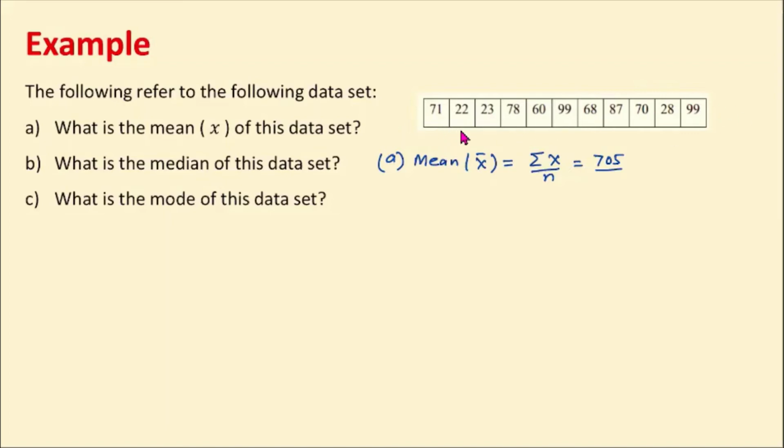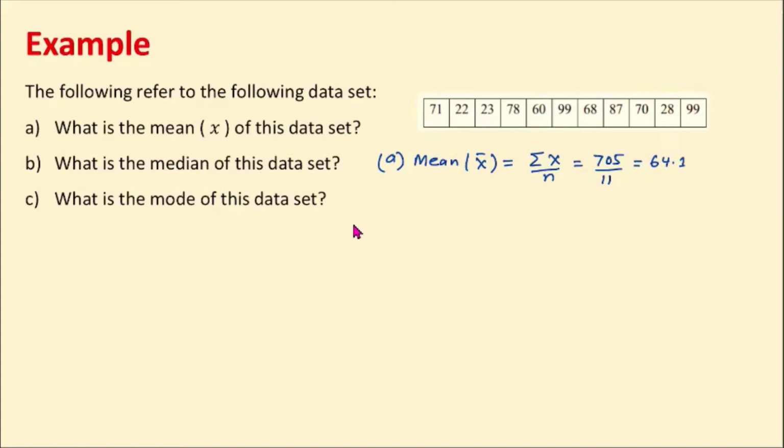So we count 1, 2, 3, 4, 5, 6, 7, 8, 9, 10, 11. So the mean will be 705 divided by 11, that is 64.1. 64.1 is the mean.